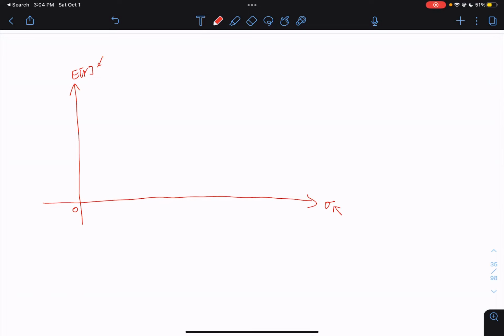So if we have ABC here, what this dot means is that you have the expected return of ABC and the standard deviation of ABC.